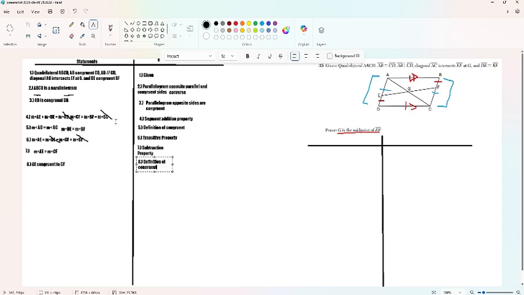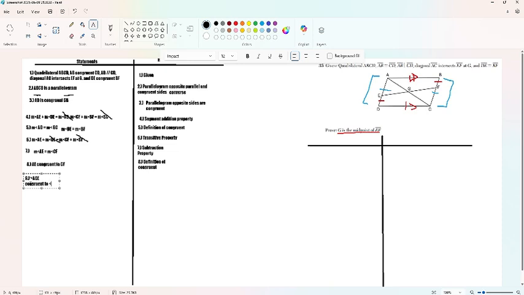Nice. Now let's see, what else can we do? We can say that angle AGE is congruent to angle CGF.